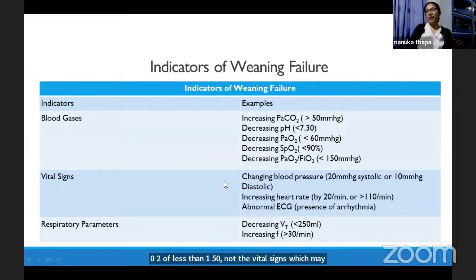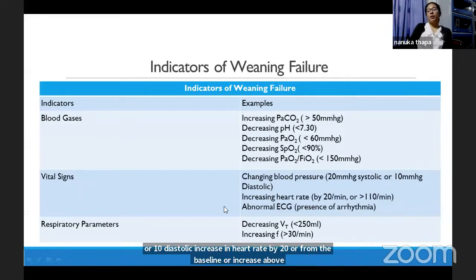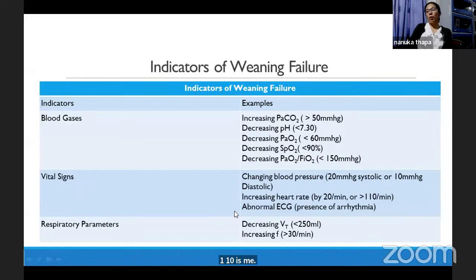Blood pressure can increase or decrease by 20 systolic or 10 diastolic. Increase in heart rate by 20 from the baseline or increase above 110 may tell weaning failure. Or new onset arrhythmia or abnormal ECG during the weaning period also tells weaning failure.